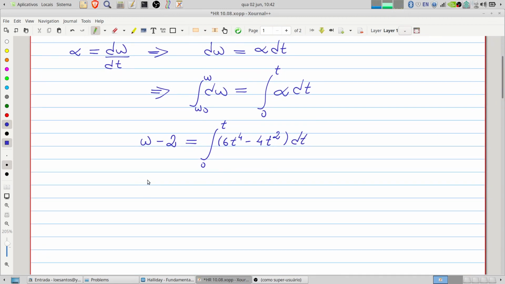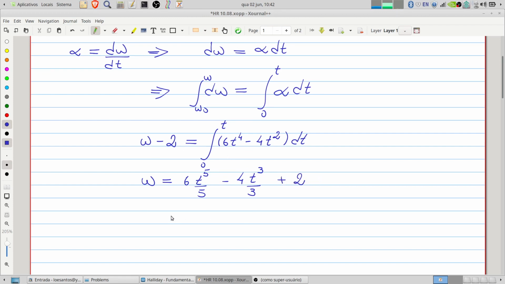Therefore, we can put this 2 on the other side of the equation, and we write omega equals 6 times, integrating t to the fourth, t to the fifth divided by 5, minus 4 t to the third divided by 3, plus 2.